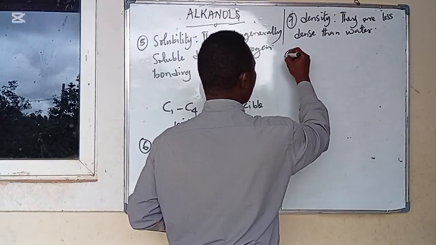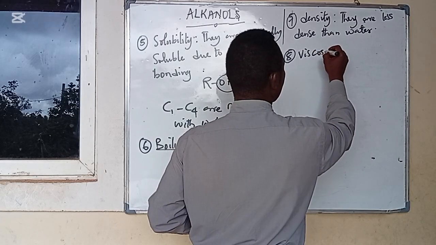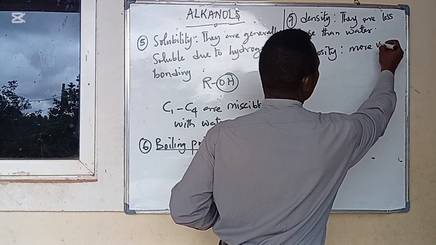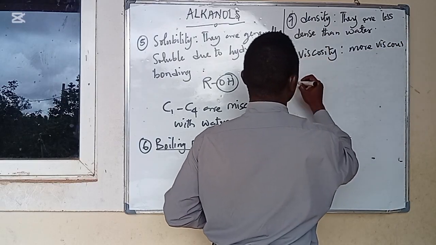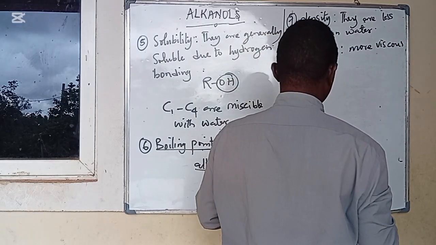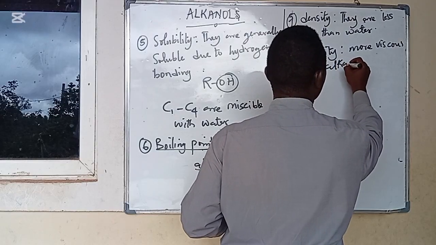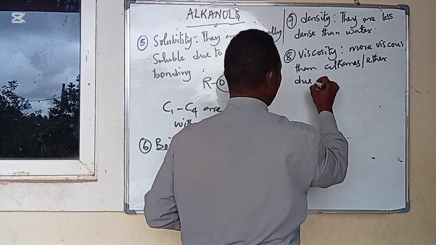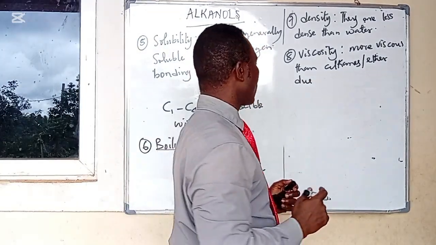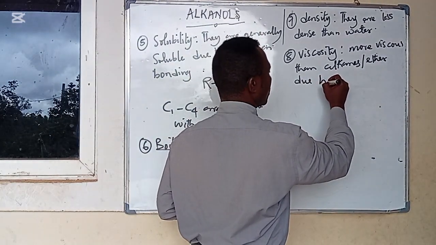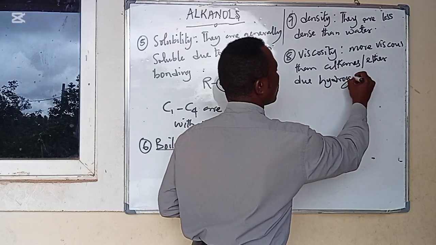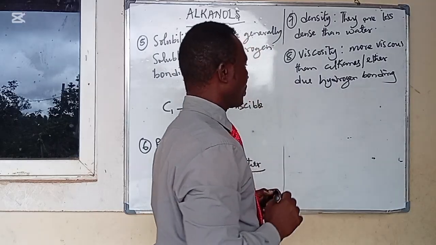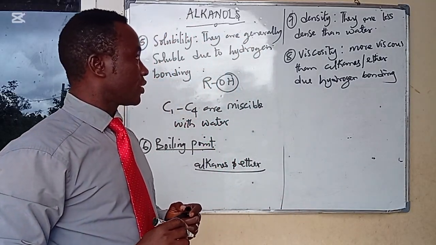Then number 8 is viscosity. Alkanols are more viscous than the alkanes and the ether. The reason for their high viscosity is due to hydrogen bonding. So hydrogen bonding explains their viscosity.